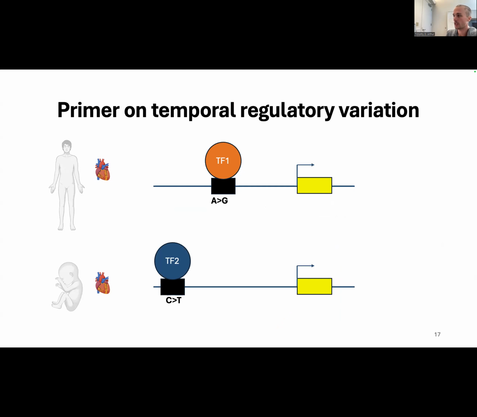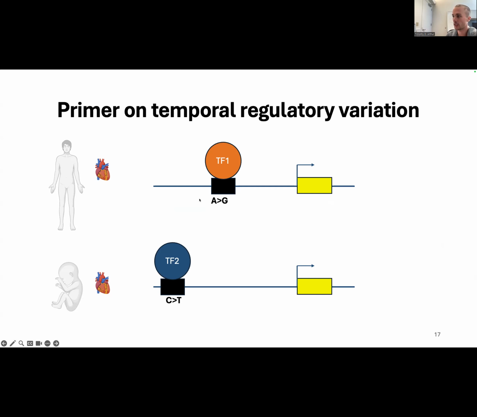Next, we wanted to characterize the stage specificity of our QTLs, and it's well known that iPSC-derived tissues are immature and resemble fetal tissues, and they can provide an important insight into this underexplored developmental interval. The underlying biological principle governing temporal regulatory variation is that biological processes or regulatory networks underlying biological processes in mature and developing tissues are different and can be mediated by different transcription factors.